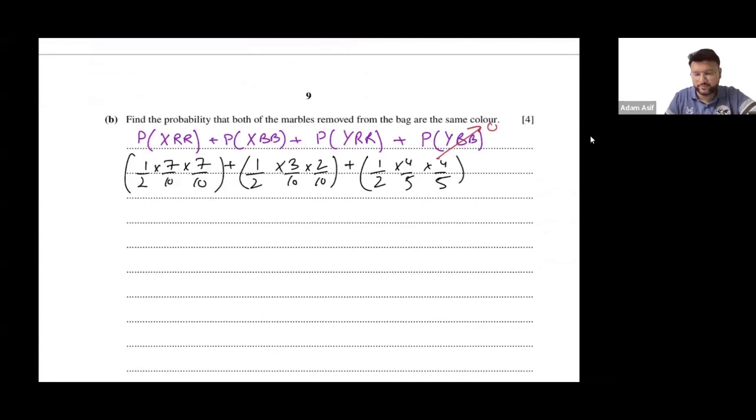Calculate this answer. Okay, I'm getting 119 upon 200. That is 0.595.